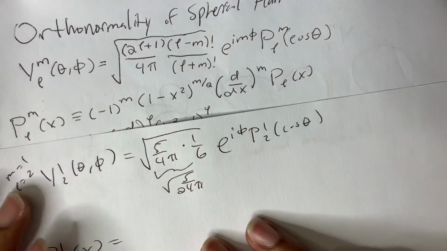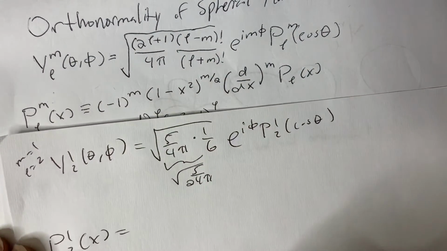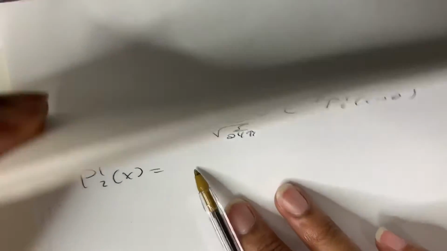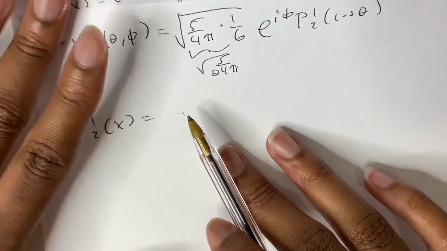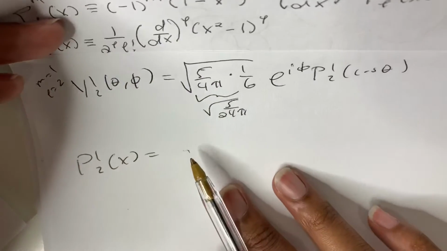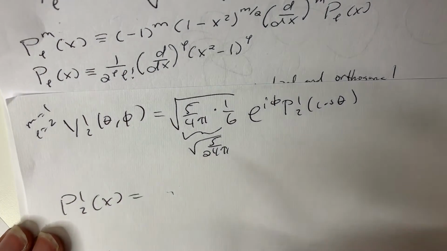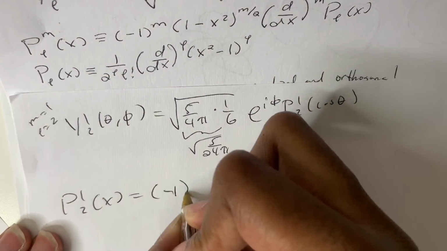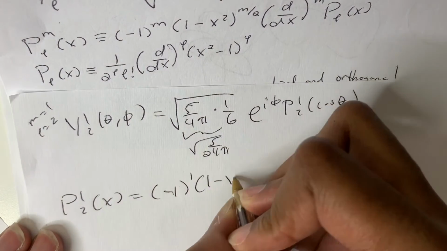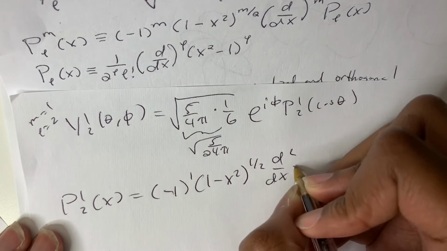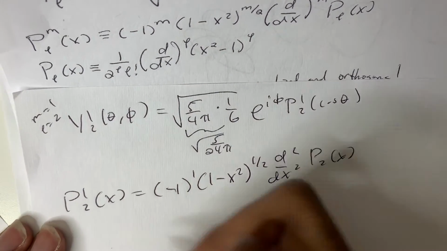So here's P_L^m, P12. So let me move this up a bit to get more space. I think that's good. So P12 is going to be equal to minus 1 to the 1, 1 minus x squared to the 1/2, d, second derivative actually, of P2 of x.